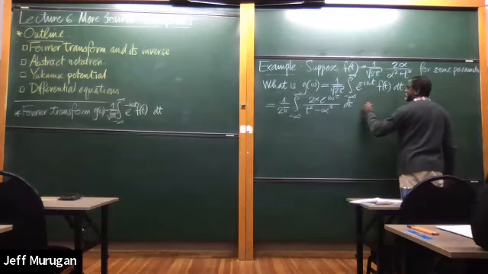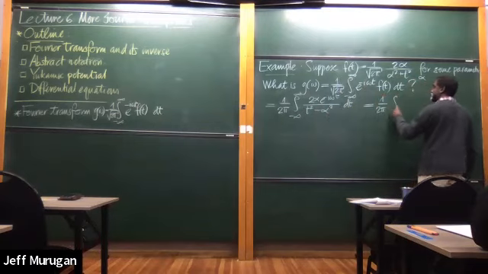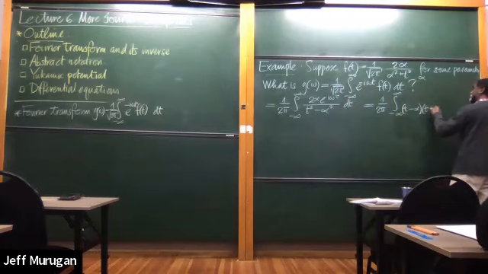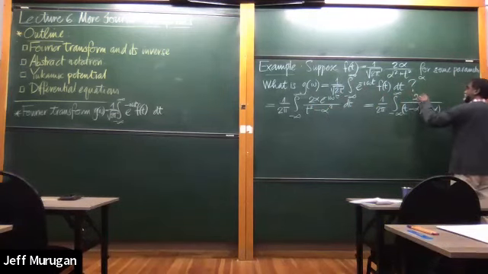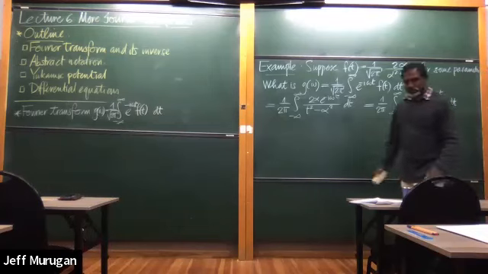This guy gets factorized to t minus i alpha times t plus i alpha, 2 alpha e to the minus i omega t, dt.